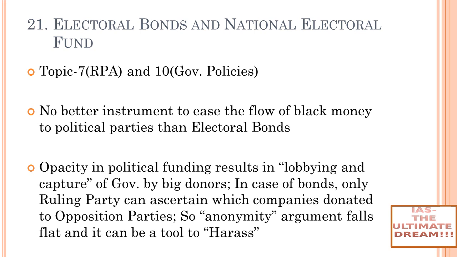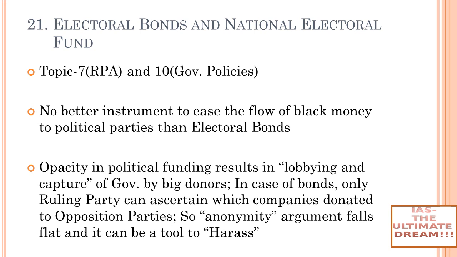I'm not taking a name, but there's a big company in the telecom sector which is giving free data now. So you can see lobbying and capture of government by big donors, happening because of opacity in political funding. And this is not my saying, this is the Law Commission's 255th report.